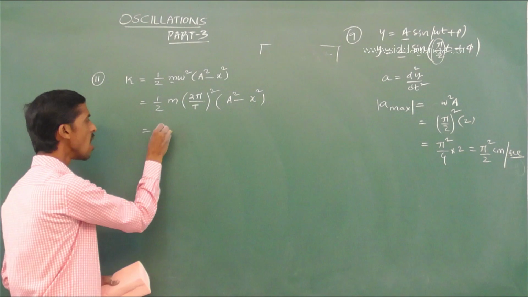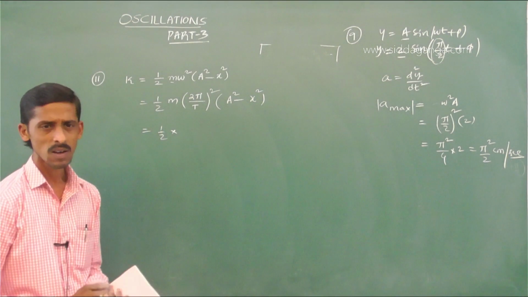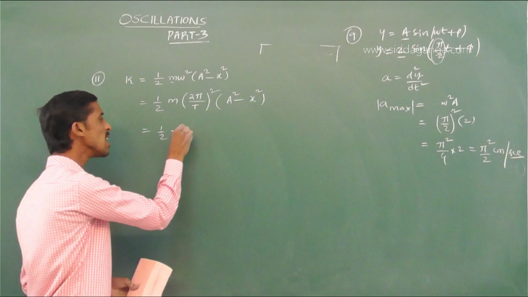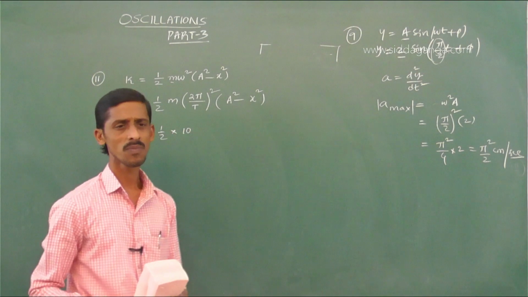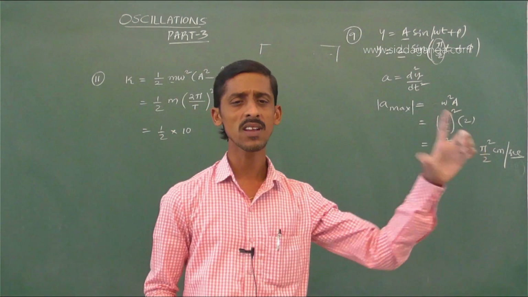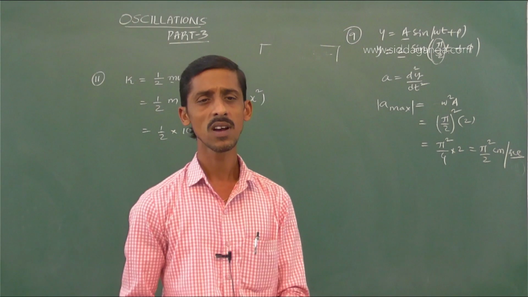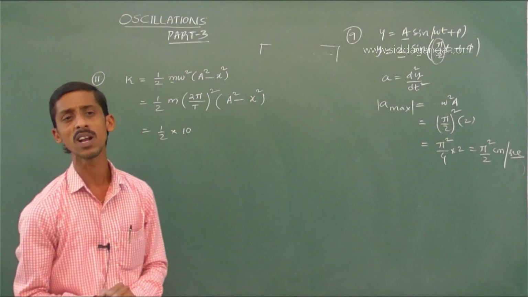What is the mass of the particle? 10 gram. You see the options: if all the options are in the same unit, CGS unit, substitute the data in CGS unit only.